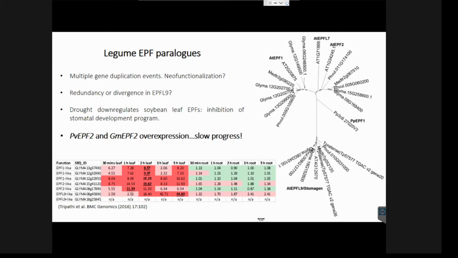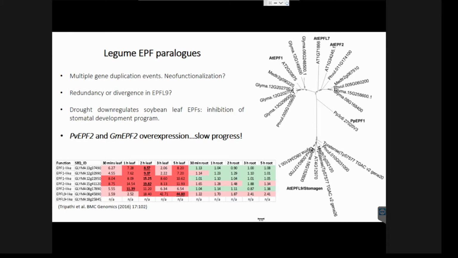Here's Arabidopsis EPF1, Arabidopsis EPF2, and here's this moss EPF at the base here. And then we have stomagen, this positive regulator of stomatal development. And you can see with one stomagen gene in Arabidopsis, you have two in soybean.